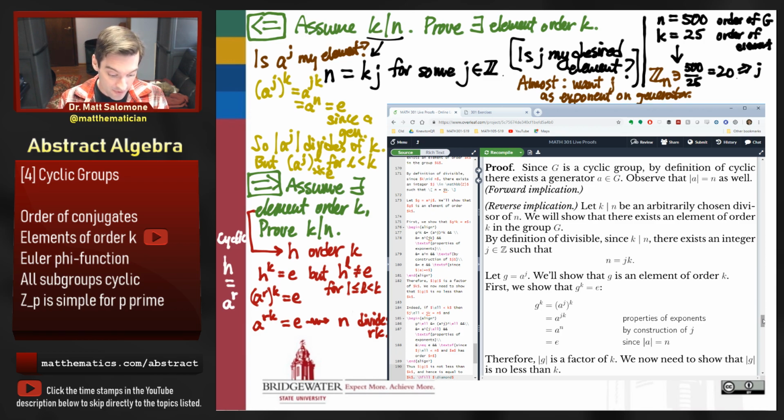So now we have to figure out why it's the case that k must divide n, if n divides rk. If n divides rk, this means that there exists an integer, let's call it s, such that s times n is equal to r times k.